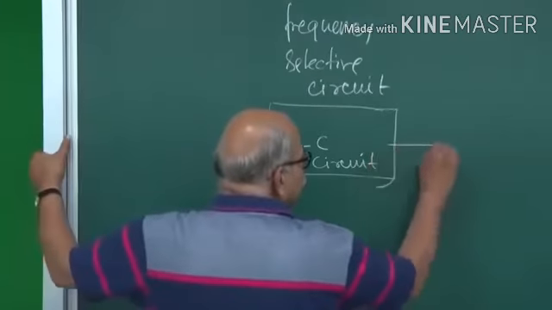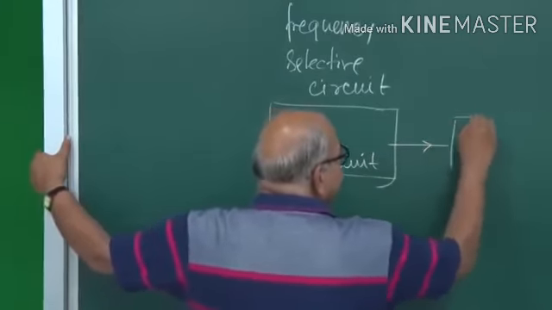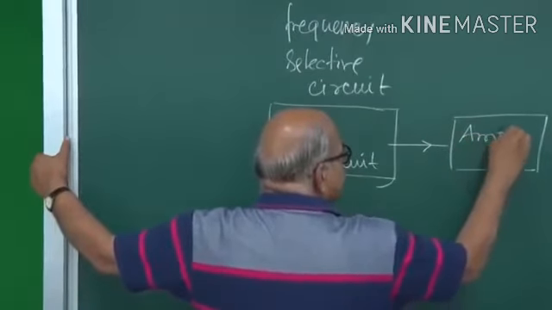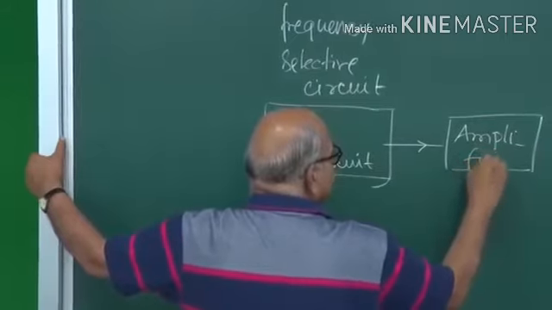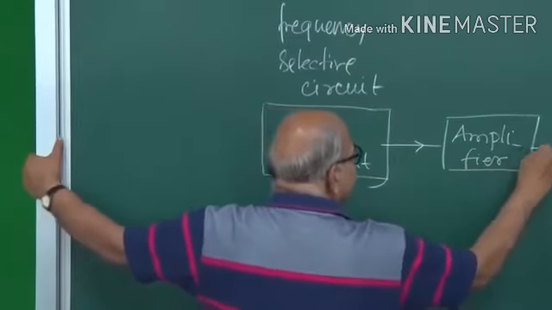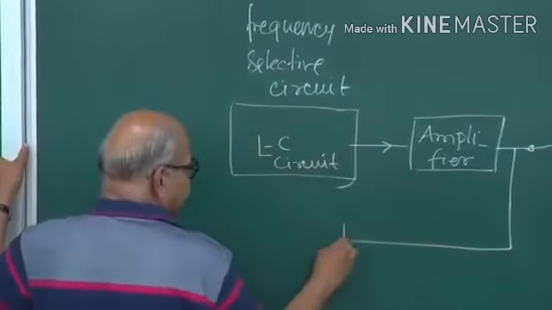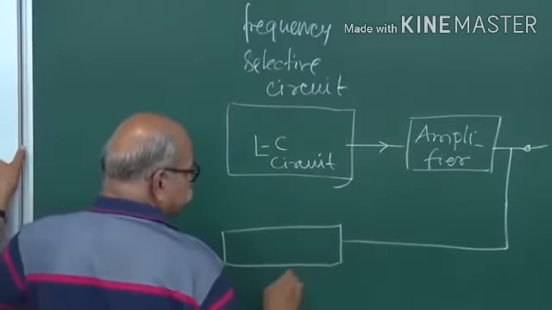And then the voltage goes to an amplifier, and this is where the transistor comes into the picture. This goes to an amplifier, and then from the amplifier you take your output also, and then you have a feedback mechanism.